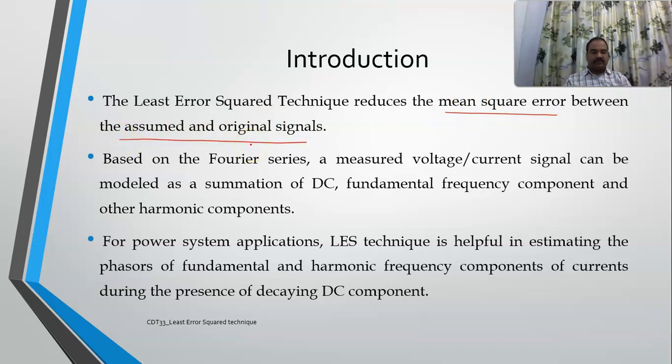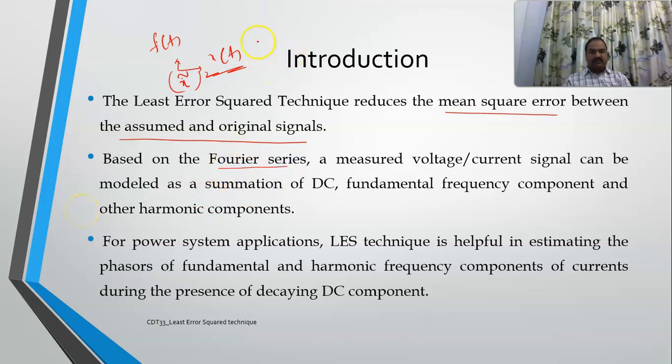Let us suppose you have some waveform, and this is your approximated wave. The error between them, the square of the error, will be reduced in a stepwise mechanism in this particular method. So it is based on a Fourier series.